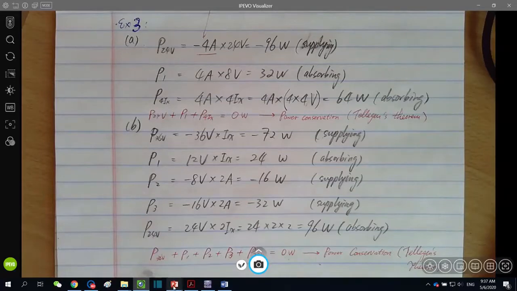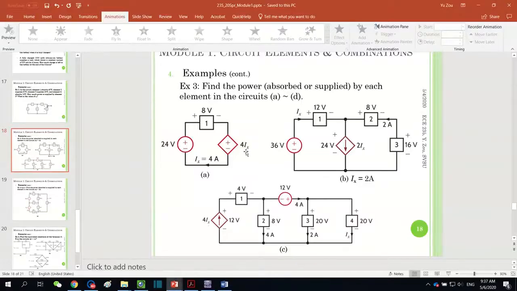The third one, the dependent source. This dependent source is a voltage source due to the sign here, a polarity labeled. And this voltage source voltage value is depending on Ix, which is a current. So this dependent source is a current dependent voltage source with voltage value of 4 times 4, 16 volts. And the current through it is 4 ampere as well, entering the positive polarity in this loop.